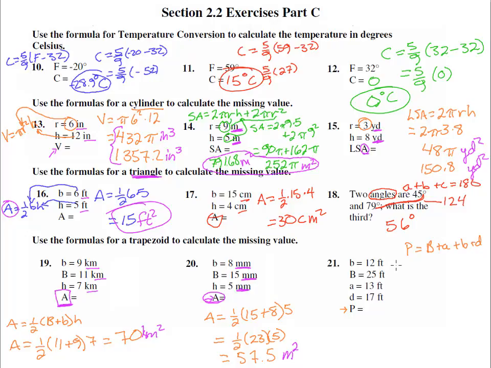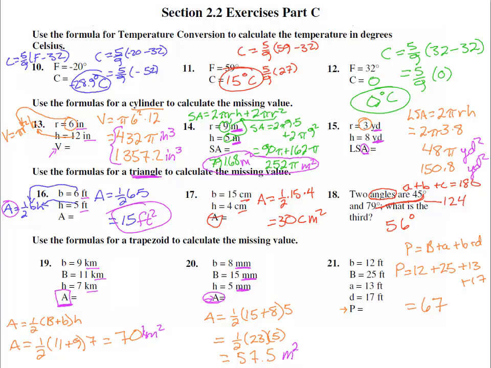So we get that the perimeter is going to be 12 feet plus 25 feet plus 13 feet plus 17 feet, which adds up to 17 plus 13 is 30, plus 25 is 55, plus 12 is 67.